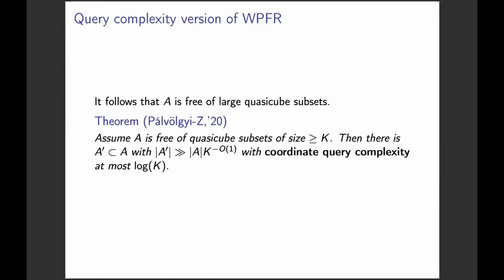I will explain shortly what coordinate query complexity is, but I just want to mention that this is strictly weaker than the weak polynomial Freiman lemma. It somehow follows from the fact that if your set has very small doubling, it should not be very random, so to speak. It can be encoded using a logarithmic number of bits, so to speak.